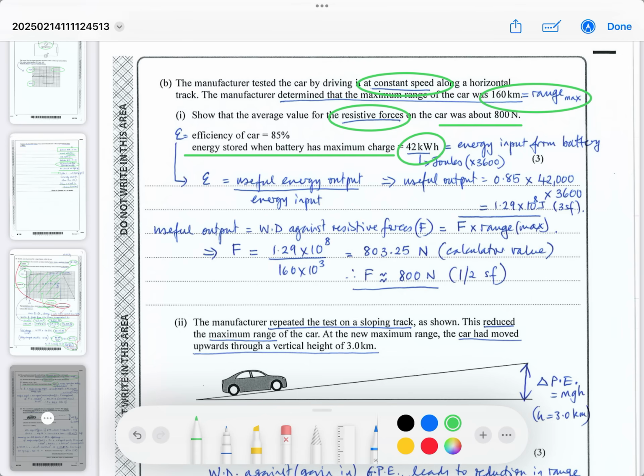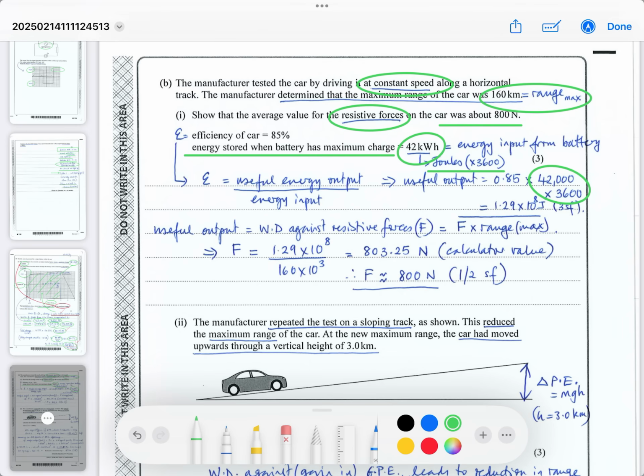Okay, but it's not in joules, so you've got to change it into joules. So 42 is 42,000. 42,000 times 3,600 becomes from kilowatts into joules. Because remember, there are 3,600 seconds in 1 hour.